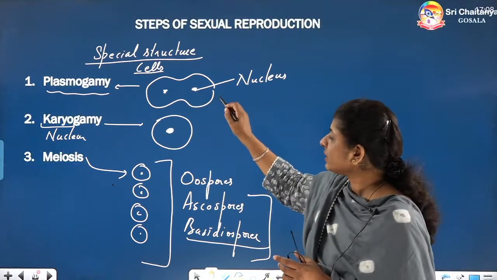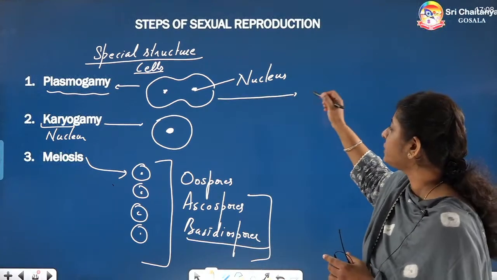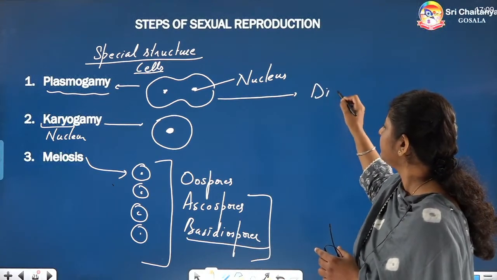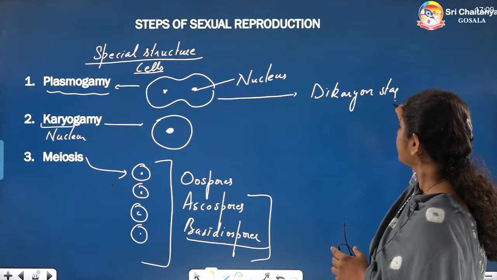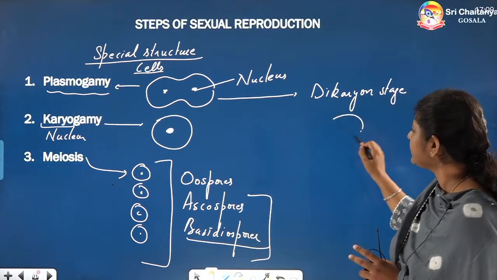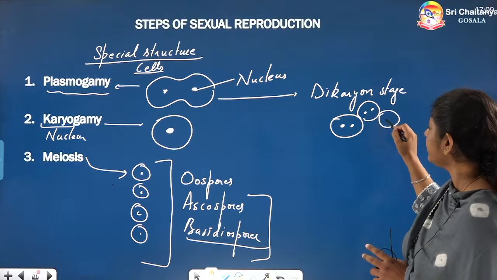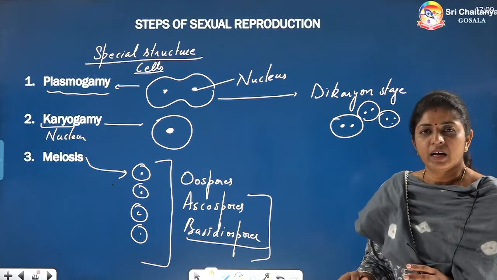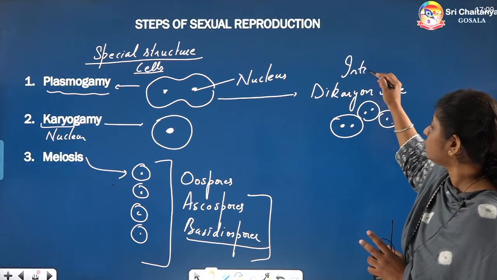After this plasmogamy, for ascospore and basidiospore formation, there is a dikaryon stage. Dikaryon stage means it will remain with two nuclei, and each cell with two nuclei will keep on dividing. This you call the intervening stage.